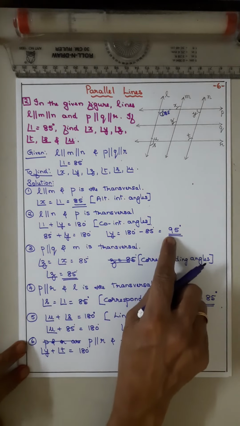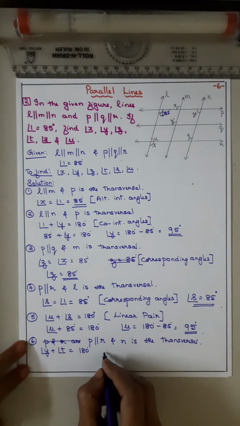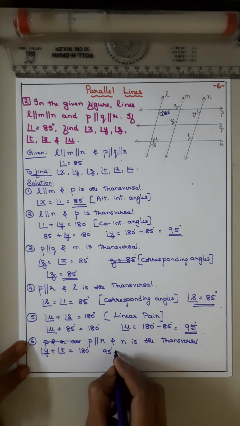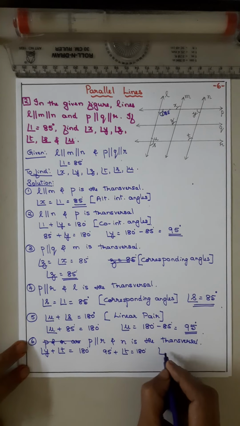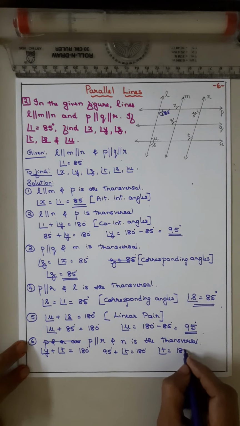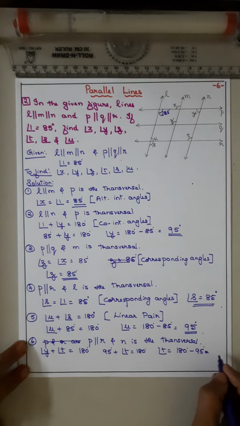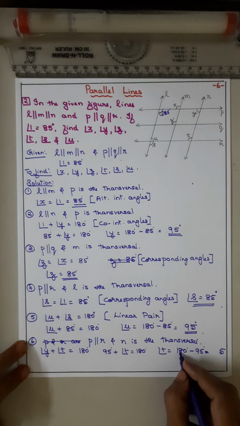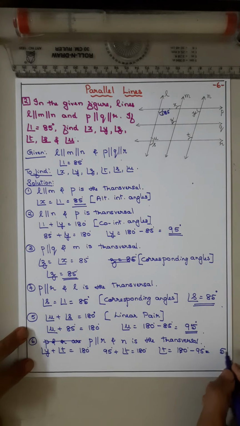Angle Y is 95, so 95 plus angle T is equal to 180. So angle T is equal to 180 minus 95, which is 85.